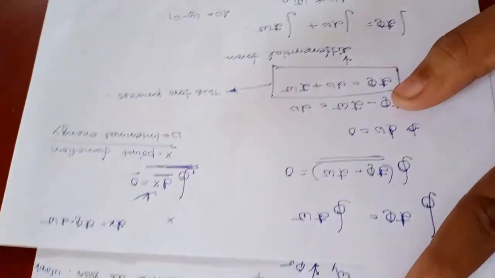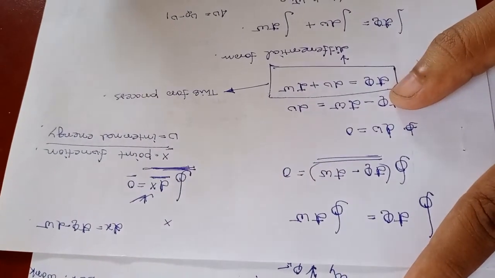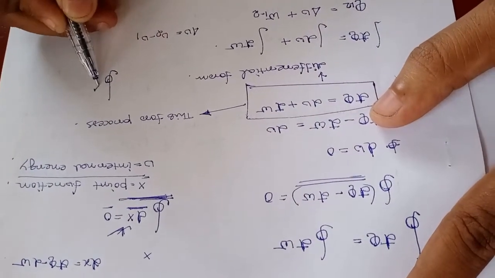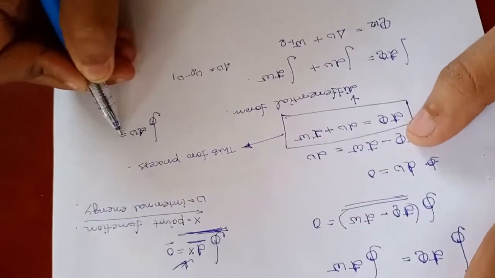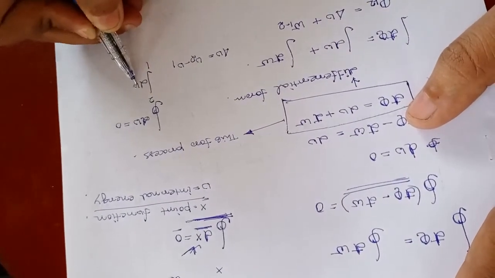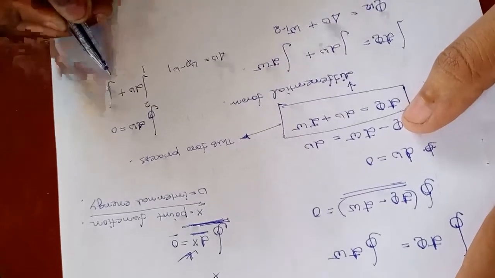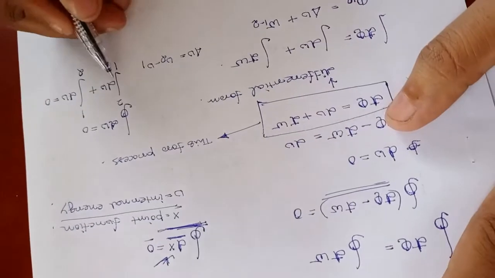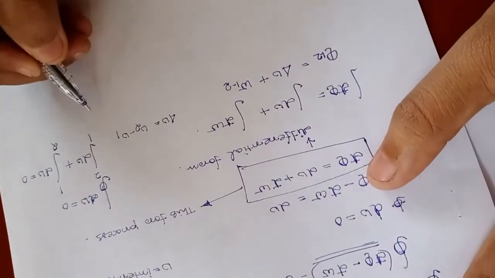Now you can ask, sir, how does the cyclic integral of a point function come as 0? Let me explain. Let us take du. Integral 1 to 2 of du plus integral 2 to 1 of du is equal to 0.